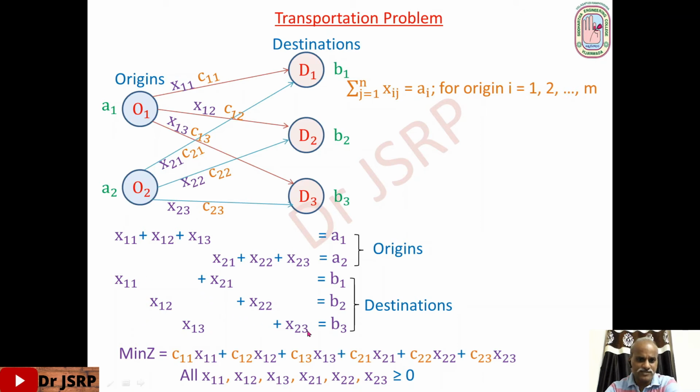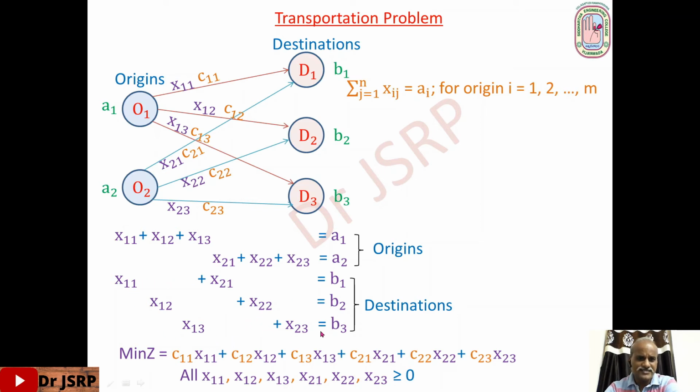Similarly, in the second part, second suffix fixed 1, 1, 1, 2, 2, 2, 3, 3, 3. So second suffix fixed. First suffix varies from 1 to 2. Okay.